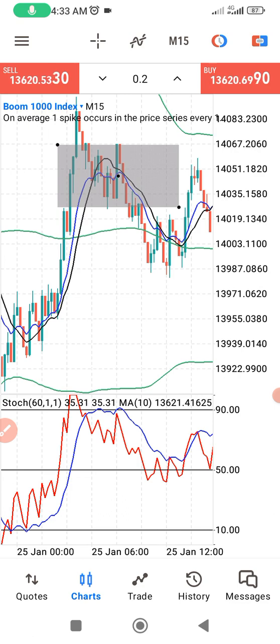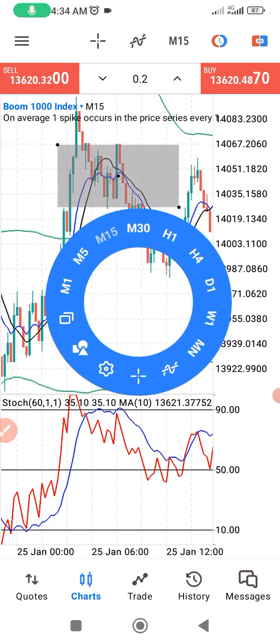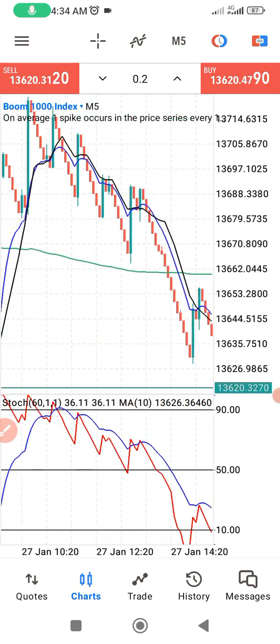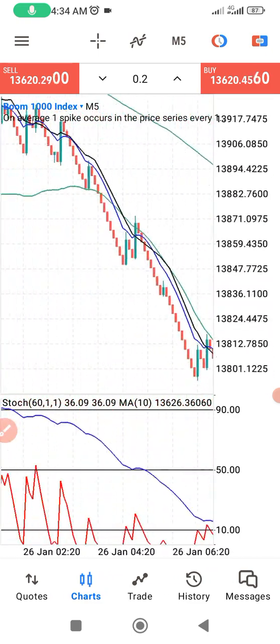It should be happening either at the upper band or at the middle Bollinger Band. Let's go to M5 and see where it is happening.